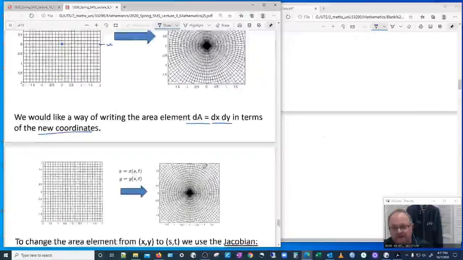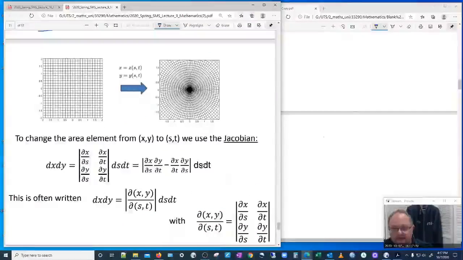Basically, for our 1, 1 coordinate, the area element from x, y, our frame of reference, to s, t, we use this thing called the Jacobian, and you guessed it, this is the determinant form.